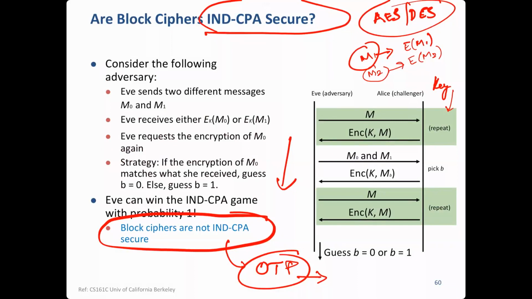Later on, she sends both, and then Alice picks up one of them, say M1, encrypts it and sends it back. Eve will receive E of M1, so she knows it's something she has sent earlier, and with half probability she can say yes, I know it, it's M1. Probability 0.5. So it's not IND-CPA secure.